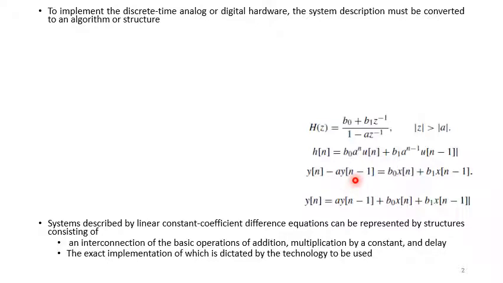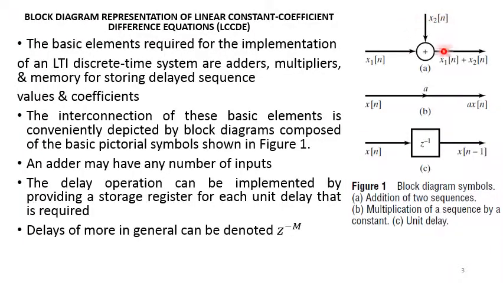So these are the three components that we need to implement such systems. Shown in the figure here is an adder. I hope all of you are well familiar with these symbols, because you have done this multiple times in the previous courses which have been taught to you.